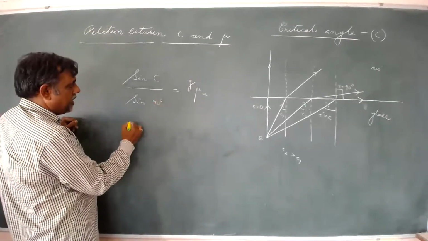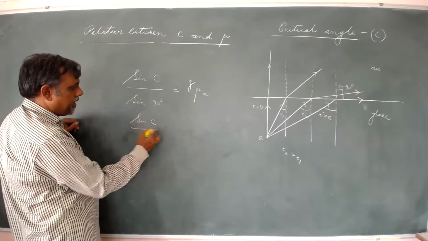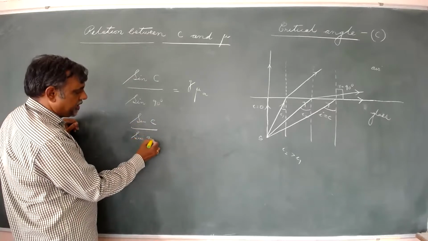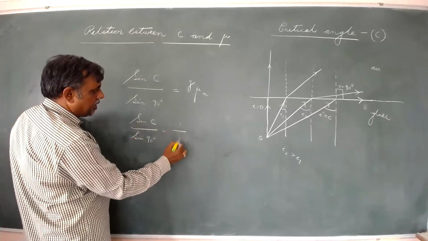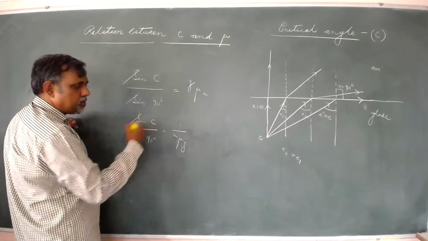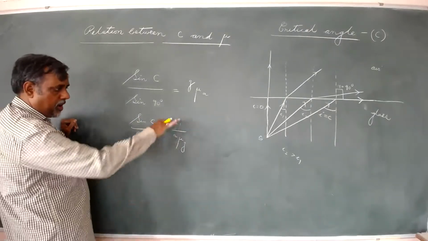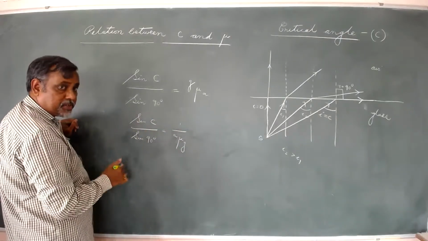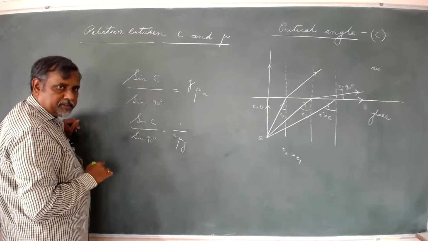So sine C by sine 90 degrees is equal to 1 by the refractive index of glass with respect to air. I need the refractive index of glass, not air. You know the refractive index of air is 1.